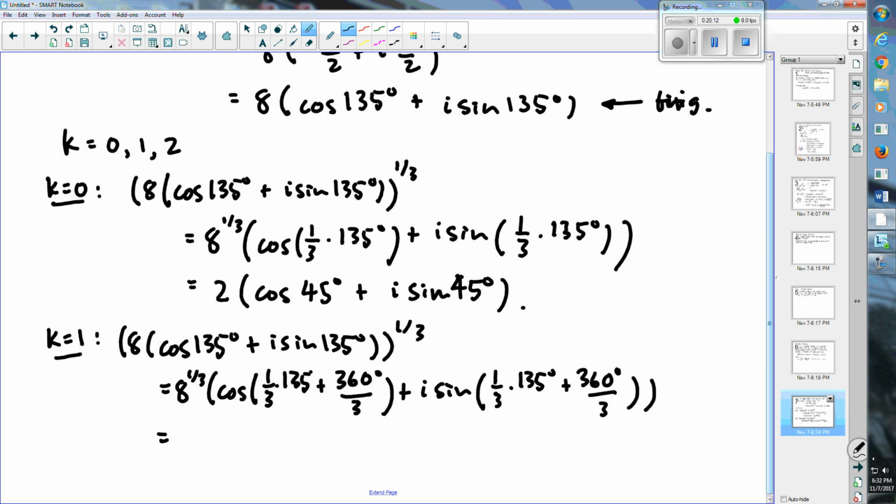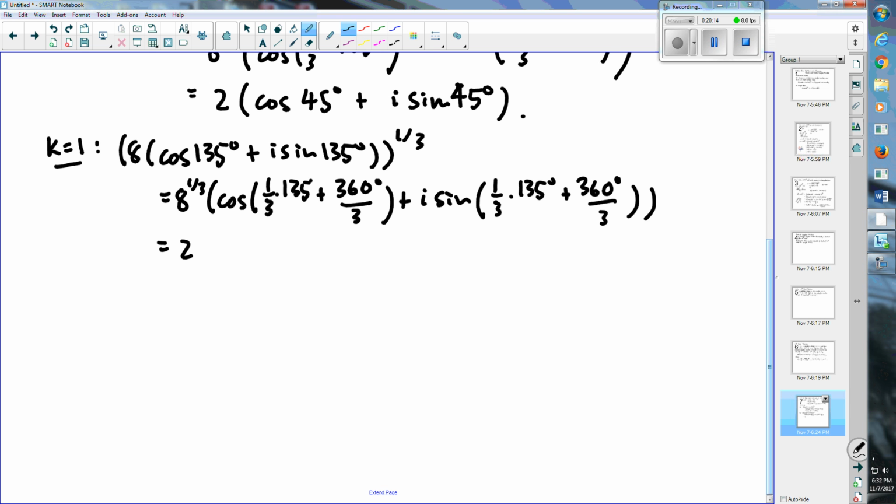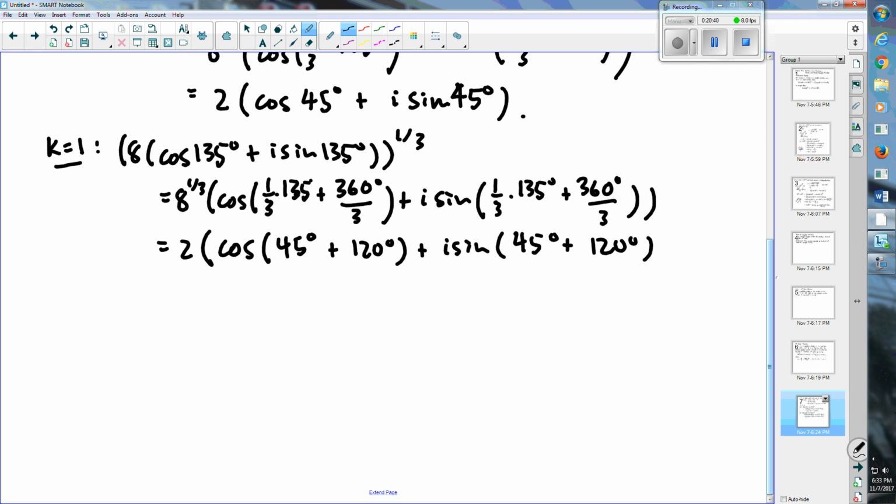Cleaning this up, we have 8 to the 1/3 is 2 again. I'm making some more room, so we get the cosine of 45 degrees. That's 135 degrees over 3, still 45 degrees. And then 360 degrees, this new part for k equal to 1. We have 360 over 3, which is 120 degrees. Plus I times the sine, we get 45 degrees again plus 120 degrees again.